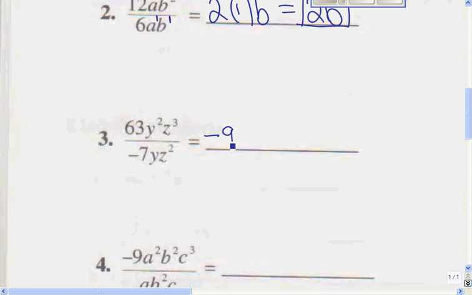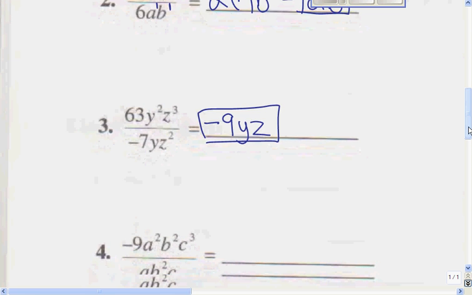So I have 9 here. 63 divided by 7 equals 9. Then I subtract my exponents. 2 minus 1 is 1, so that's just y to the 1st. And 3 minus 2 is 1, so that's just z to the 1st. And there's my answer.